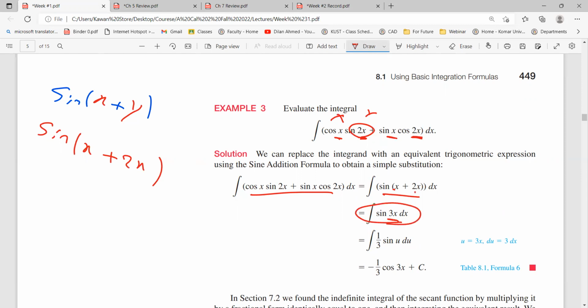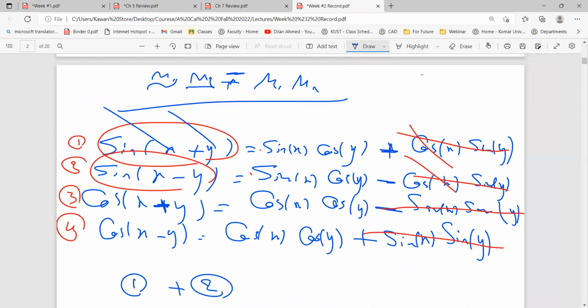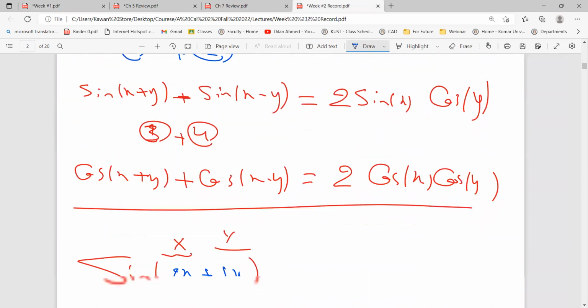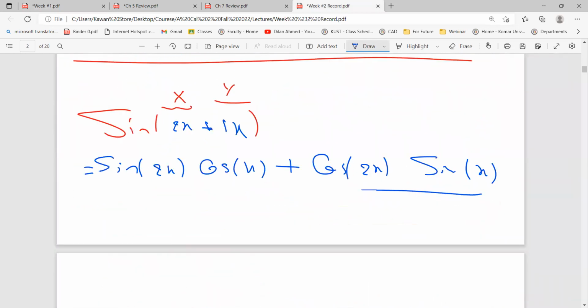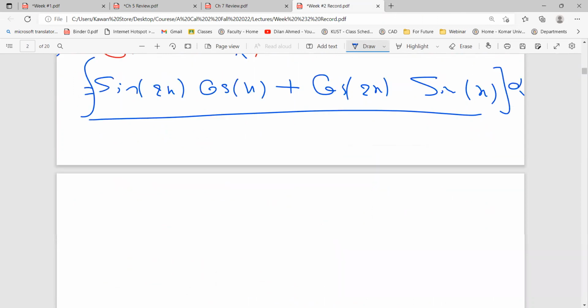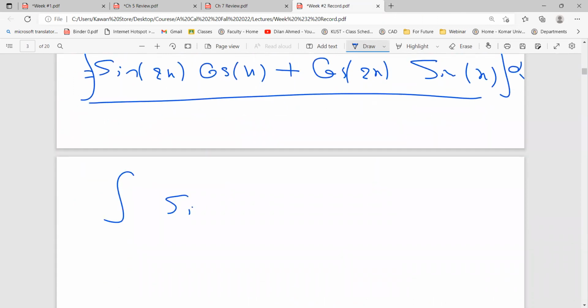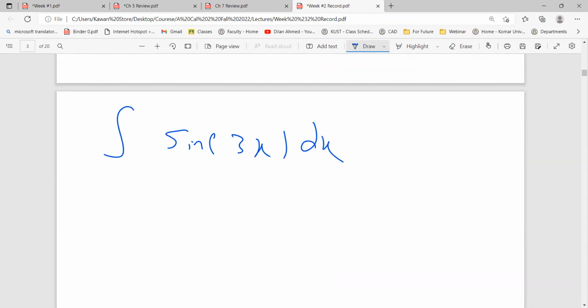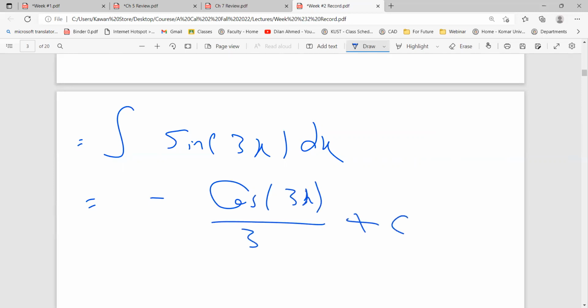The next step: instead of integrating all of these together, I can say integral of 3x. And I know that one is equal to minus cosine 3x over 3 plus c. Easy.